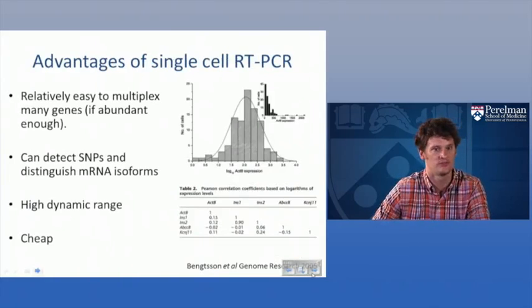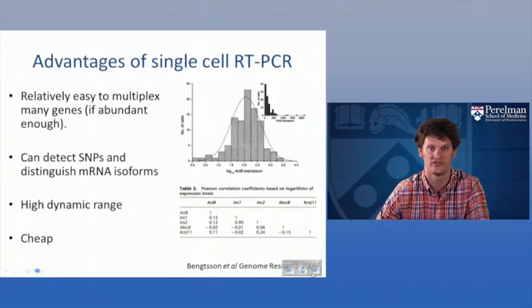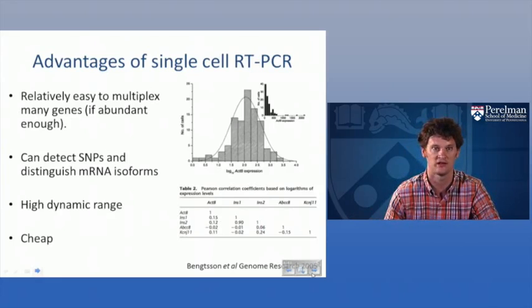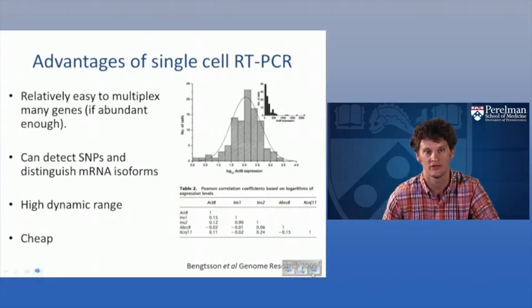And it has some really important advantages, one of which is that you can do multiplexing. You can have different qPCR primers in the same reaction, and maybe label, for example, with different colors. There are particular types of probes that have different colors for each kind of target. You can also just do lots of different experiments.